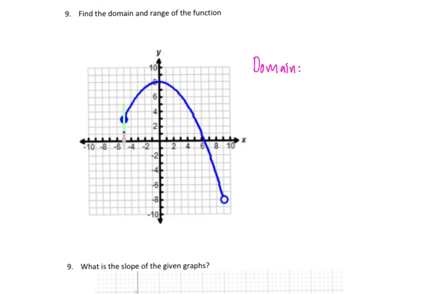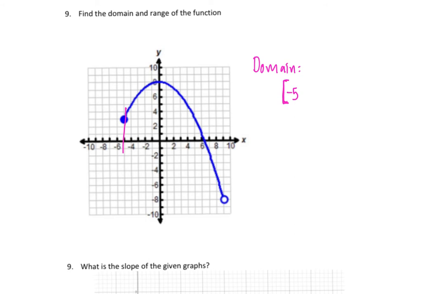Right here is where this function starts along the x. So my x value is starting at x equals -5. Because my circle is closed, I am going to use an inclusive bracket, meaning we can be included.